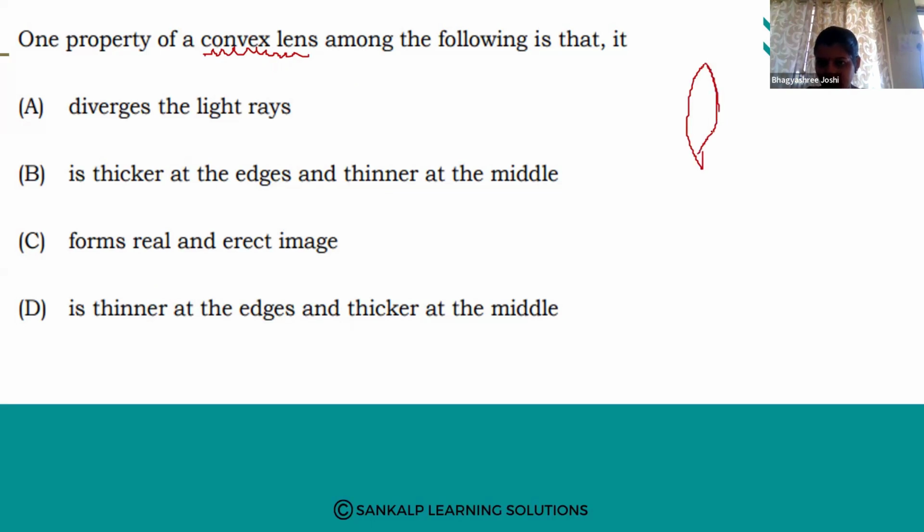By looking only we can tell that it is thick at the middle and thin at the edges. Yes or no? So which option is right here? It is thinner at the edges and thicker at the middle.